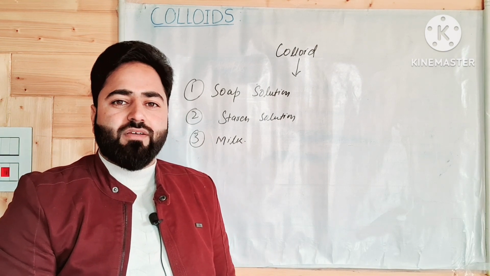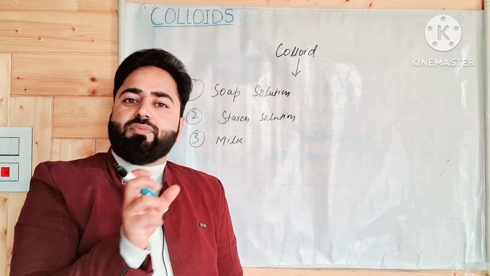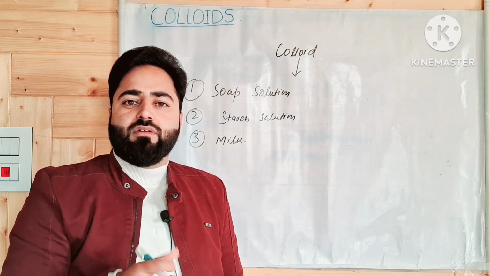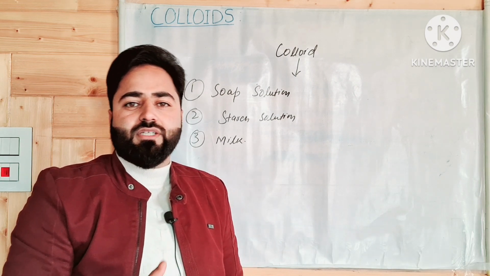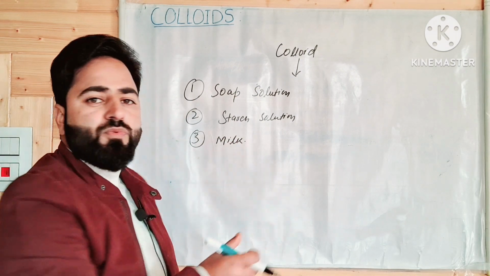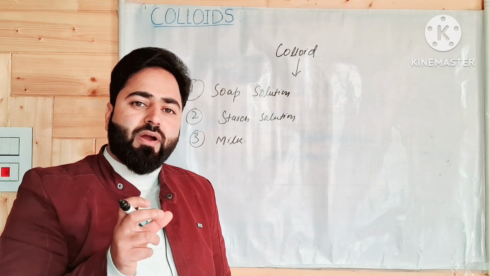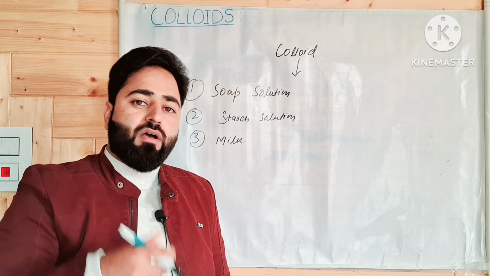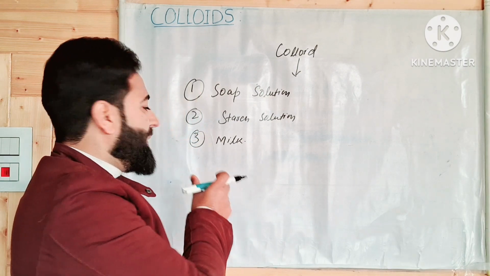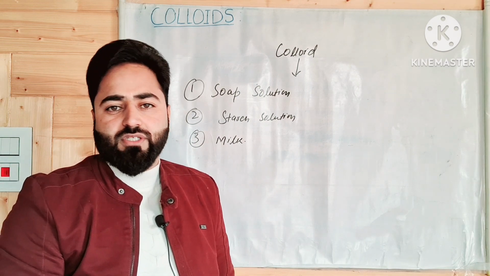When we see milk, we can't distinctly see different components of milk, like fat or protein or calcium or vitamins. But when milk is observed through a high power microscope, the fat particles present in the milk are suspended. That is why milk is heterogeneous, not a homogeneous mixture.